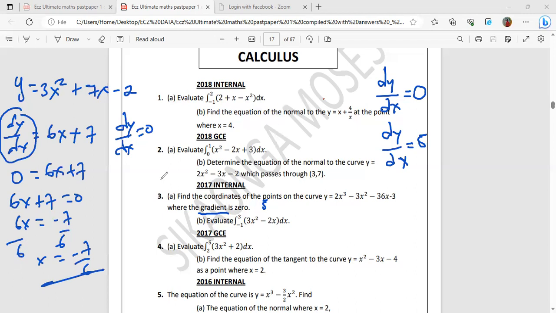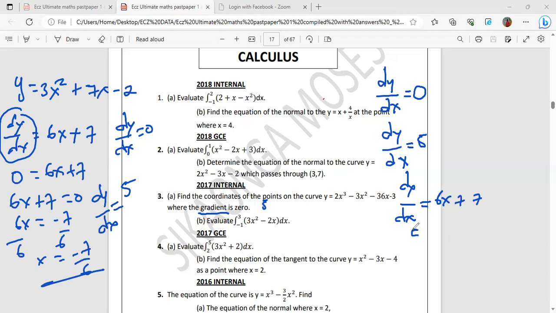Now, if they said the gradient is 5, so your dy/dx is 5. So you are just going to say, okay, my dy/dx is 6x plus 7. So now I'm not going to put dy/dx here, but because I've been given a number, I'm going to put a 5.